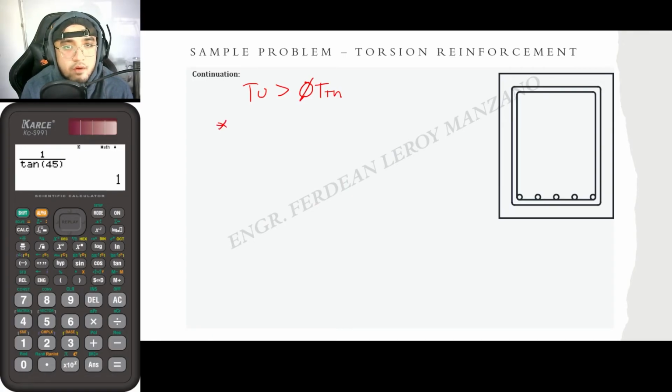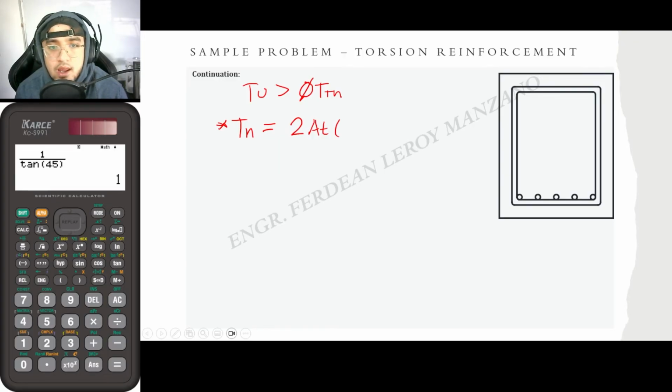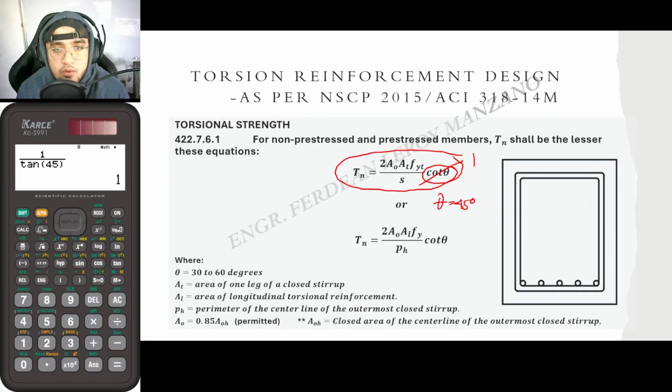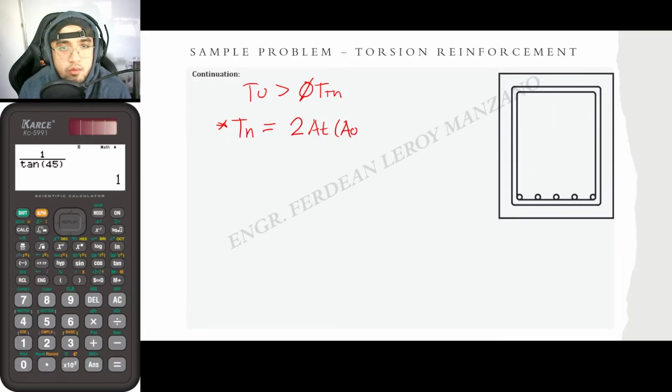So for the value of Tn, this is equal to 2 At, what is the equation once again? 2 times At times A0 times Fyt divided by S. For cotangent theta, we do not need to include it any longer since it is already equal to 1.